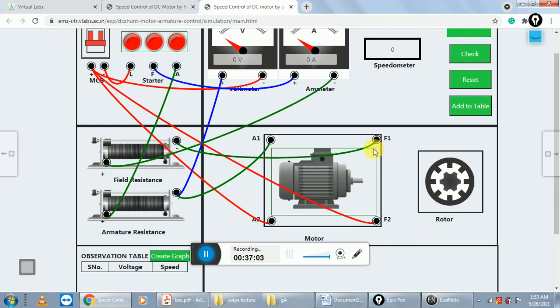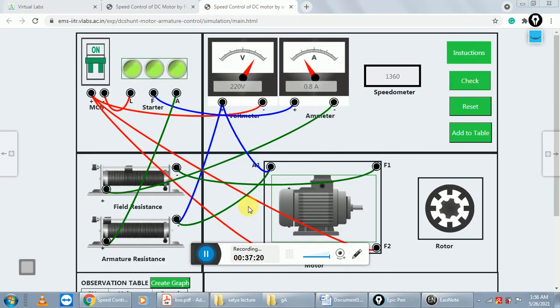Then connect A1 of the motor to the negative terminal of the armature resistance. And finally, connect A1 to the positive terminal of the voltmeter.